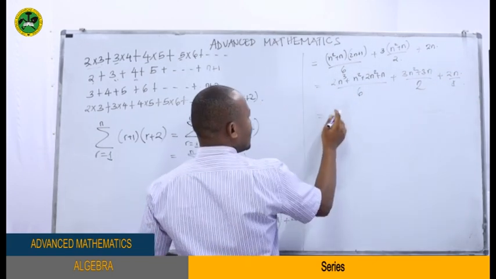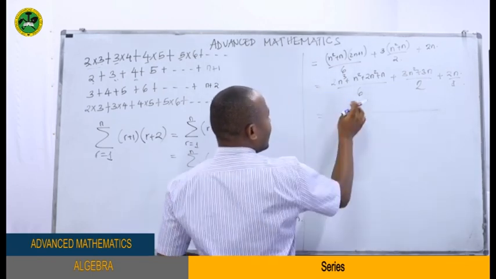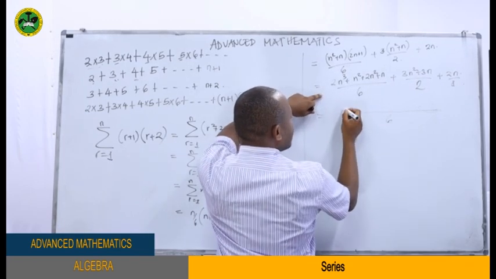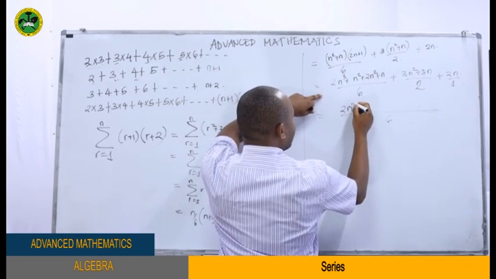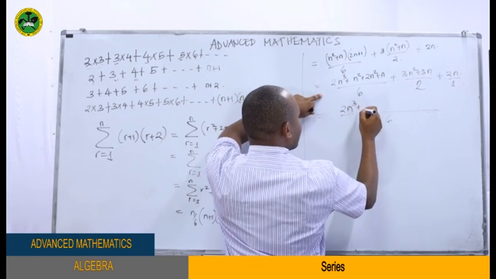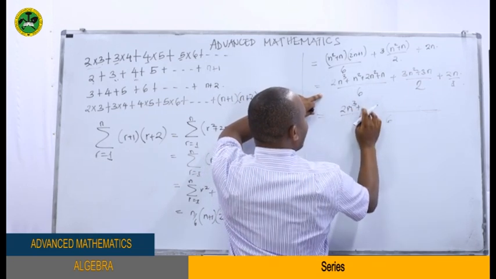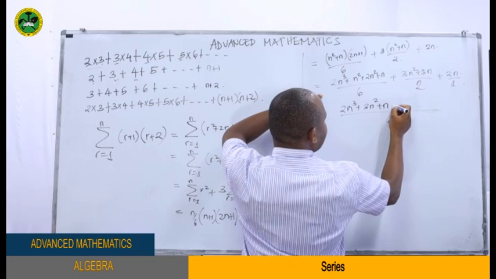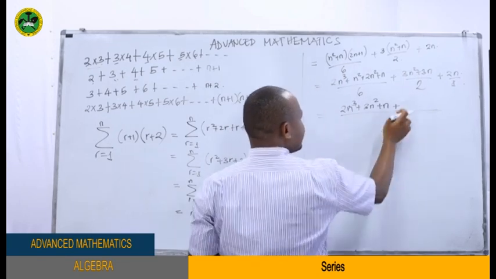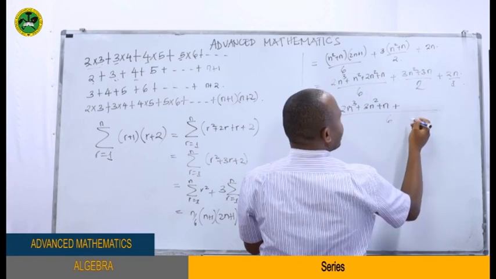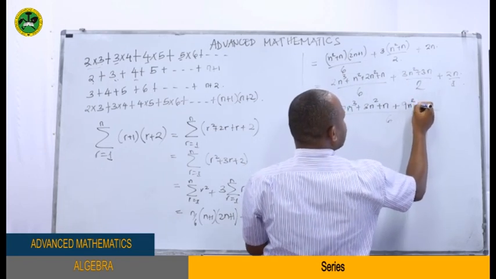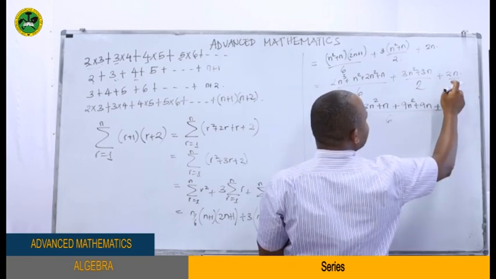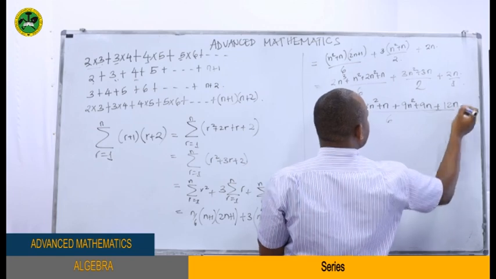Summing those fractions, what are we going to have? Let's say we have 6 as LCM. That means we shall write that as it is. So we have 2n cubic plus, adding that part, we are going to have 3n square plus n, plus 6 divided by 2 is 3, times that is 9n square plus 9n, plus 6 divided by 1 is 6 times 2n is 12n.